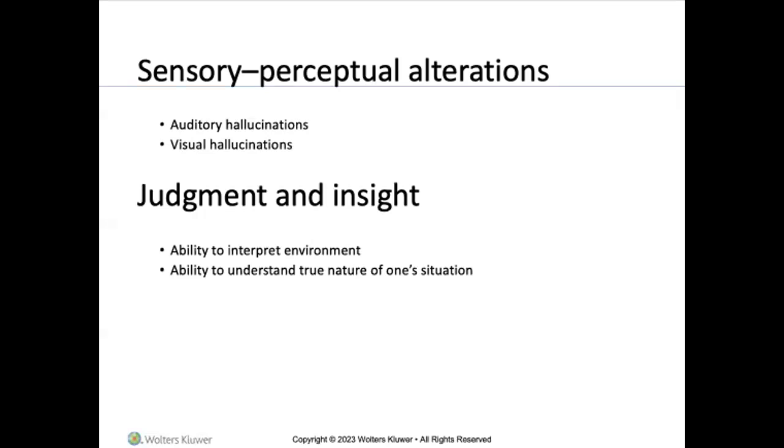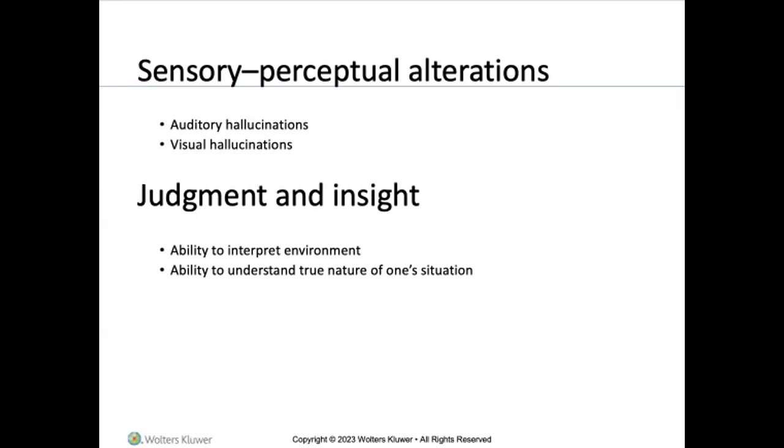When we talk about insight, this is the ability to understand the true nature of one's situation and the willingness to accept some personal responsibility for the situation. So, as you're talking with your client, you're going to start to get a sense of whether they truly have good insight or they don't have good insight.